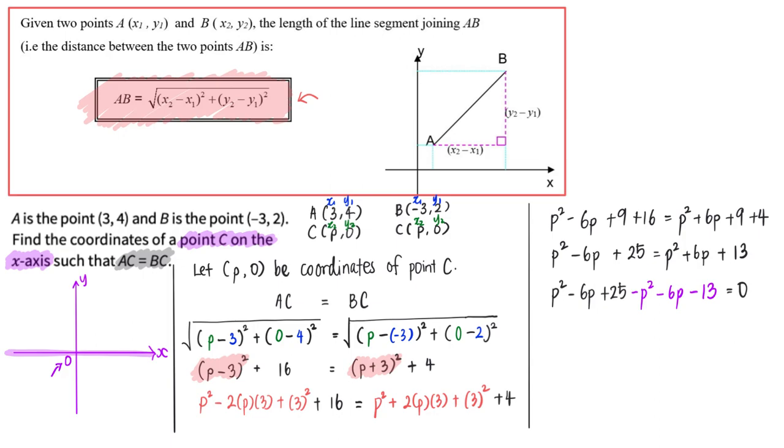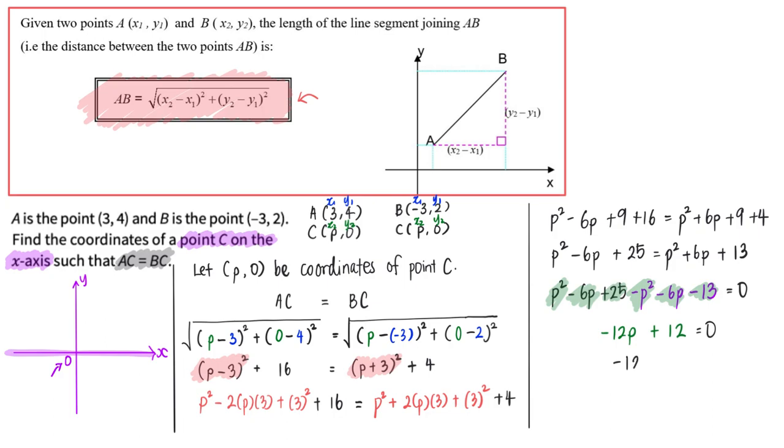Okay, so the next thing would be P square minus P square is 0, negative 6P minus 6P, that will give me negative 12P. 25 minus 13, that will give me a positive 12 equals to 0, and I continue to solve for it.